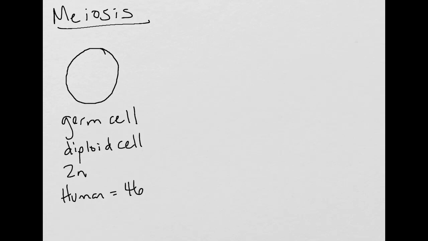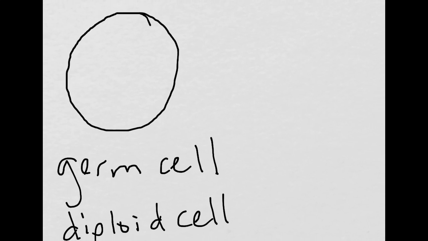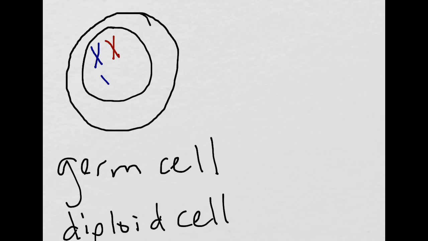So let's draw the nucleus on this cell. We are not going to make this a human cell. It's not going to have 46 chromosomes because it would take a long time for me to draw out all of those 46 chromosomes going through meiosis. So instead, this little critter is going to have 4 chromosomes in its diploid cells. We're going to draw them out: a large red one, a large blue one, a small blue, and a small red.